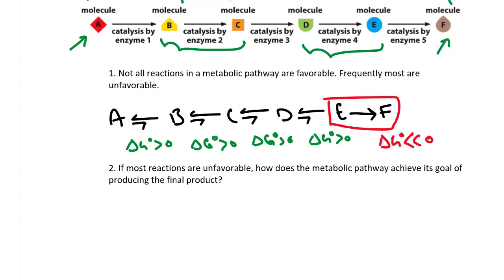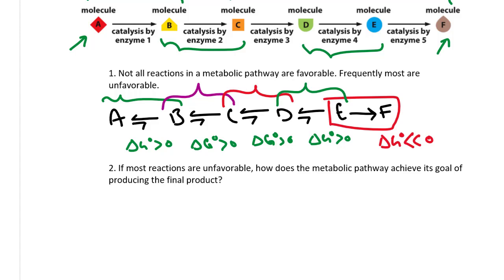So the reaction A to B, or B to C, or C to D, or D to E, none of these reactions can reach equilibrium because the last reaction is removing all of E. It's very favorable.